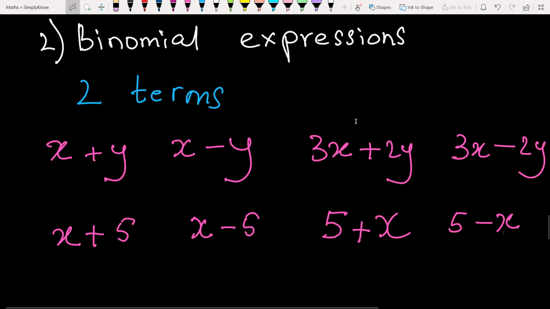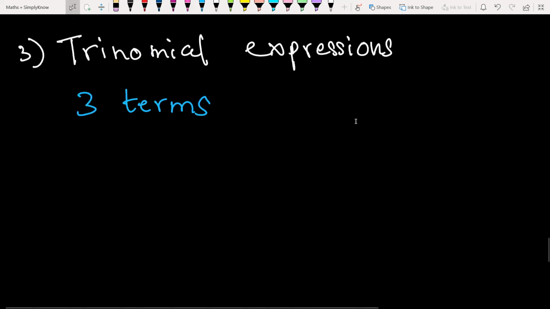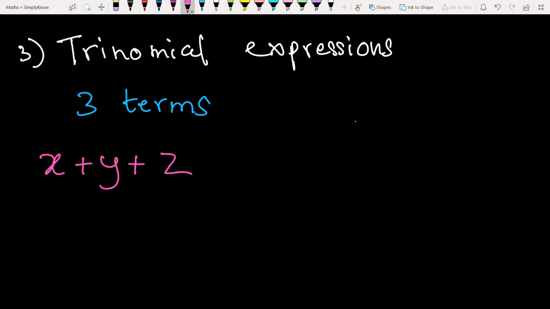Now, let's learn about trinomial expressions. We know already there are 3 terms in a trinomial expression. These 3 terms can be 3 algebraic terms. For example, x plus y plus z.